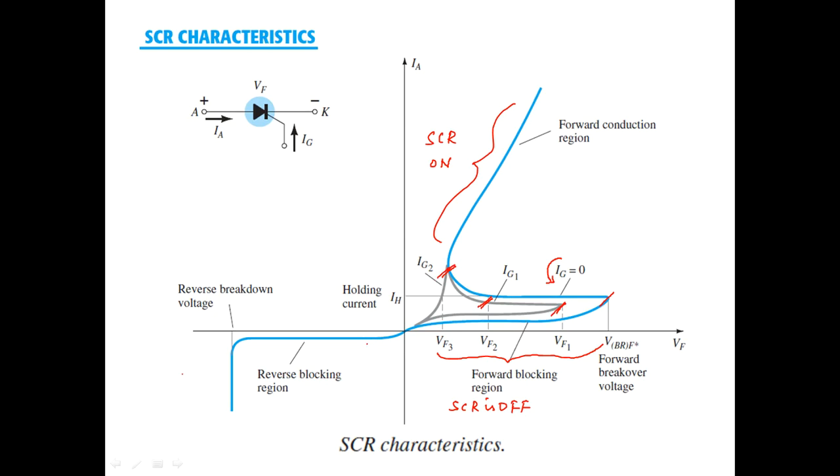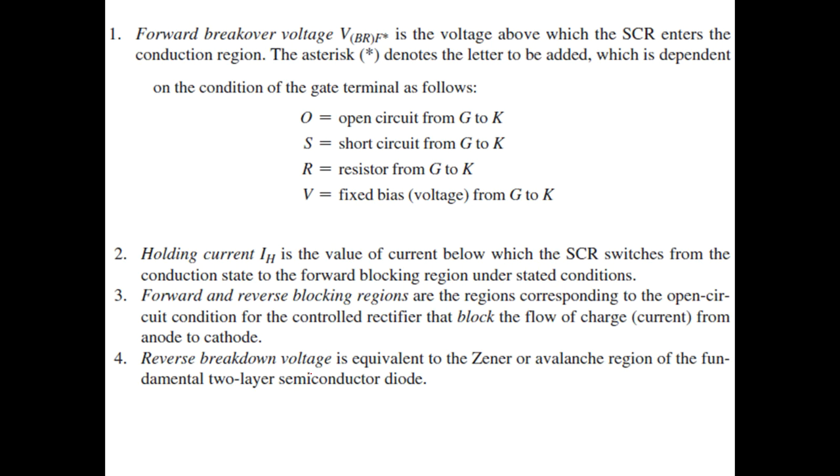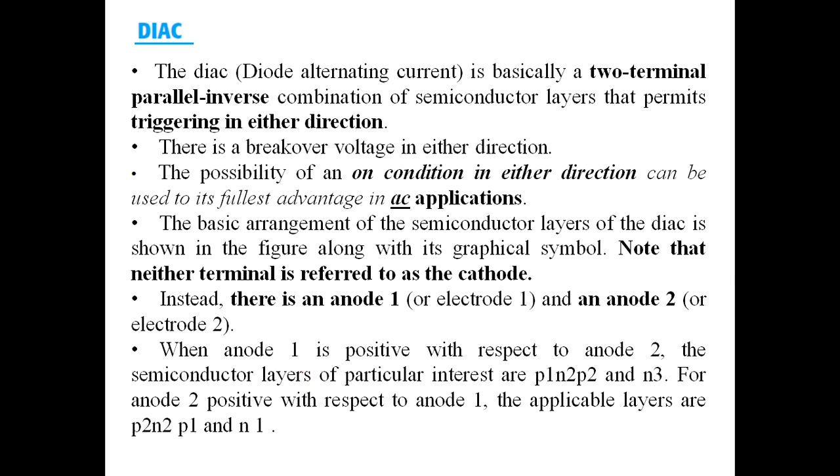Then in the reverse bias characteristics, an SCR behaves absolutely normally, like a general reverse biased PN junction. Fine. So with this background, let us try to understand the next device, which is called a diac.